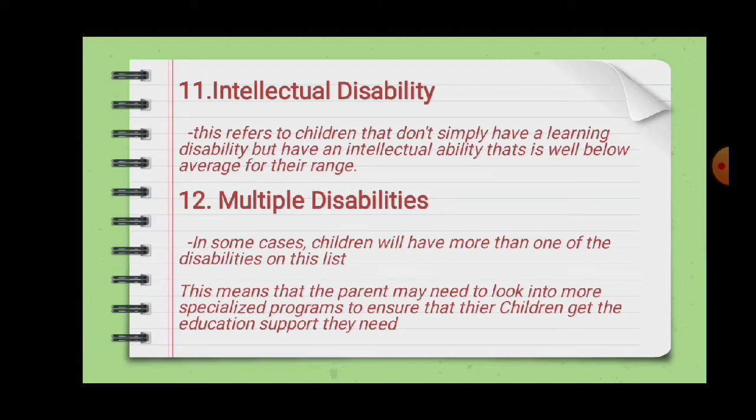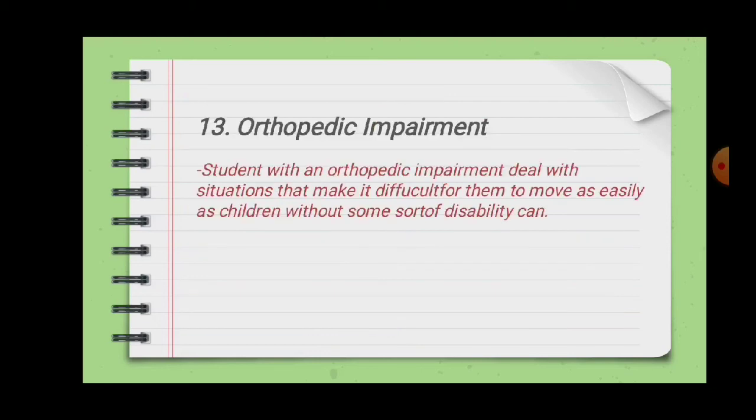This means that the parent may need to look into more specialized programs to ensure that their children get the education support they need. Number 13, orthopedic impairment. Students with orthopedic impairment deal with situations that make it difficult for them to move as easily as children without some sort of disability.